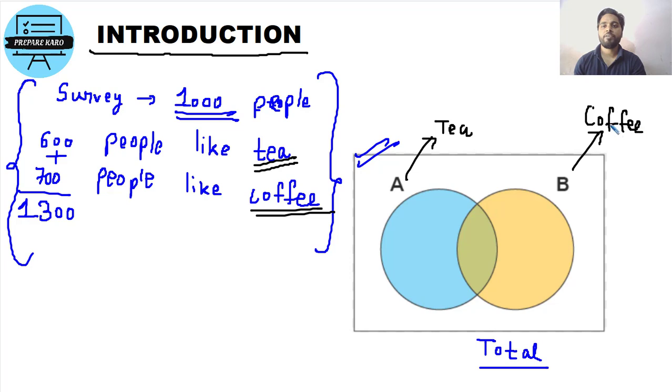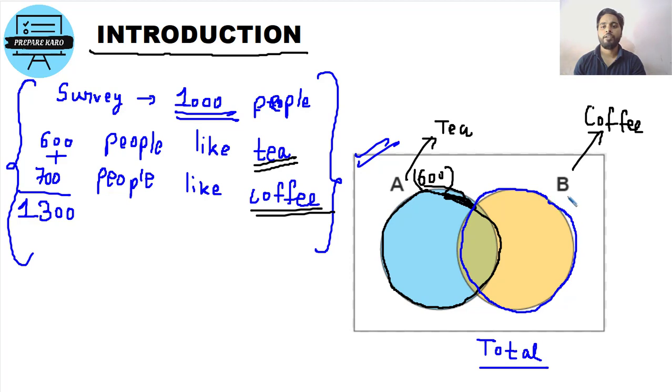So 600 people like tea means the circle representing variable A sums up to 600, and the other circle B is 700.